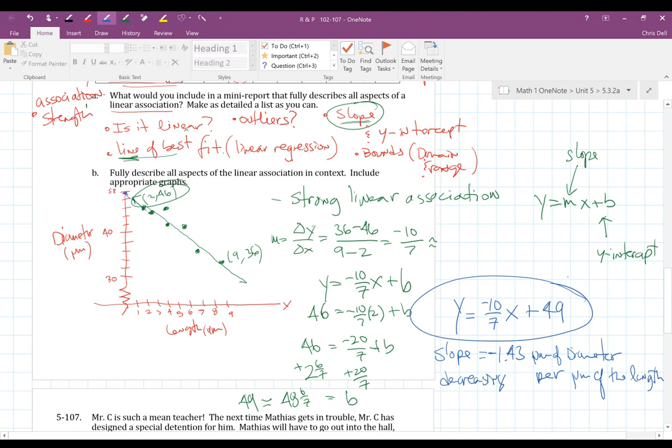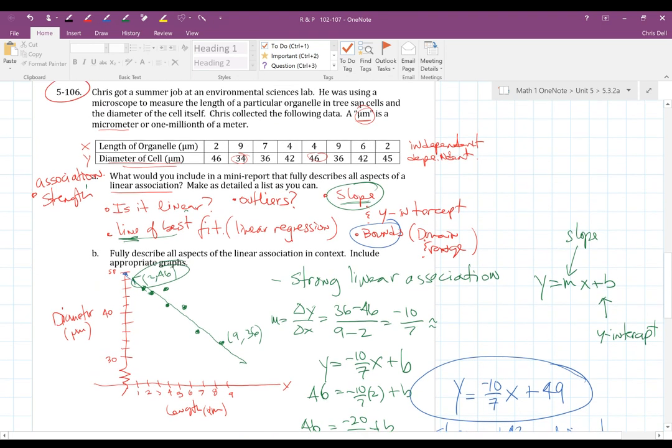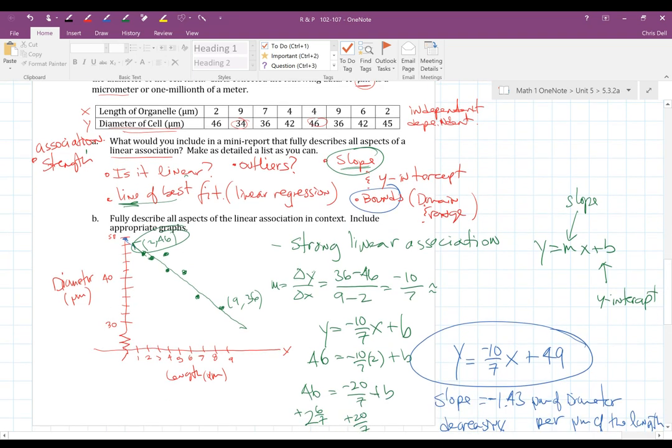One more thing we'll look at is the bounds for this. If we're dealing with a truly real organelle in tree saps, I would never have it be all the way to 0 in length, because then it wouldn't exist. And it can only get so long before it doesn't exist at all.